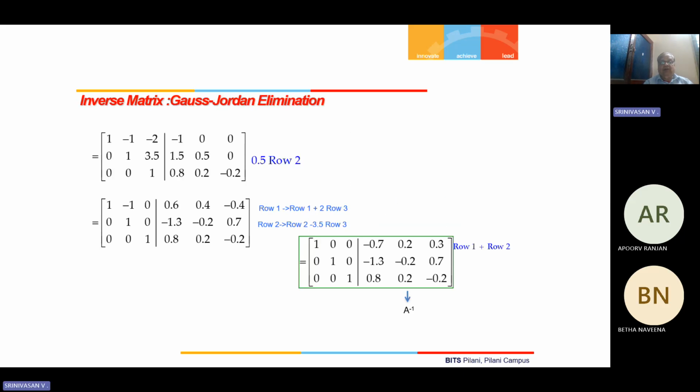What did we do here? We have not done any other elementary operation, I mean row operation. It is only within the row. R1 is now R1 into minus 1, or you can say divided by minus 1.